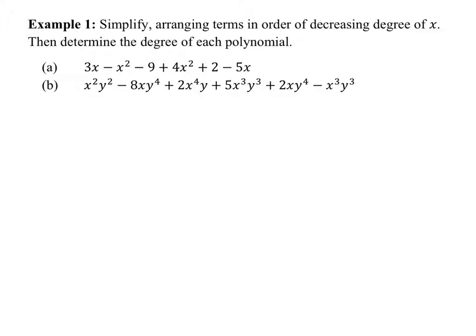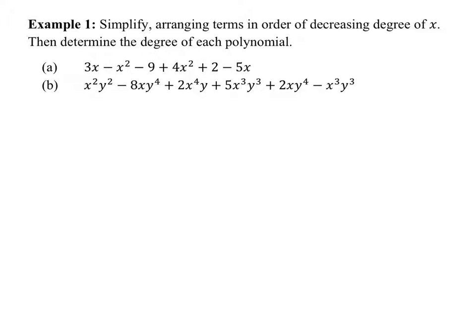All right, this first one is pretty simple. We're going to take a look at this: simplify, arranging the terms in order of decreasing degree, and then determine the degree of the polynomial. So in this case, we have to look for like terms right away. Okay, arrange them in decreasing degree. So in part A, what are my like terms?